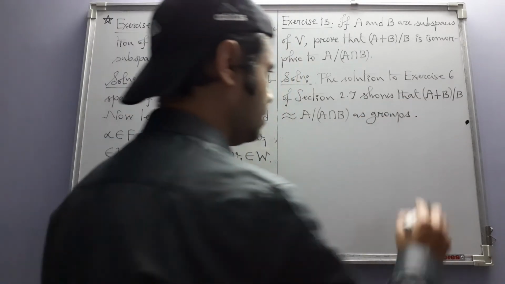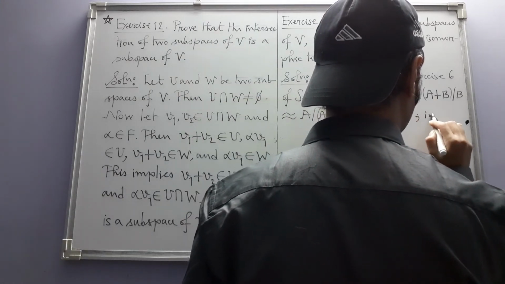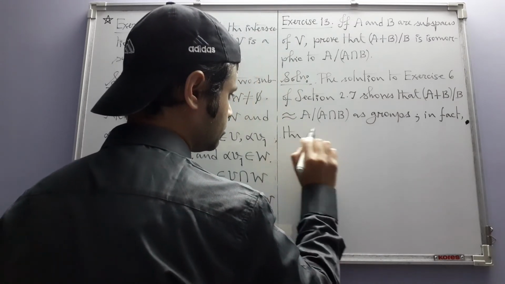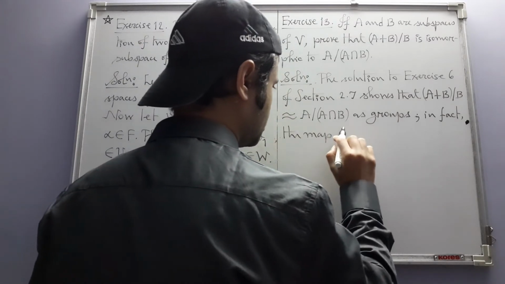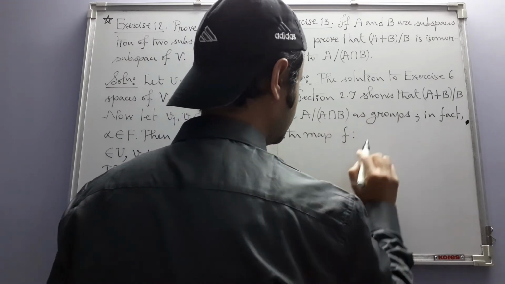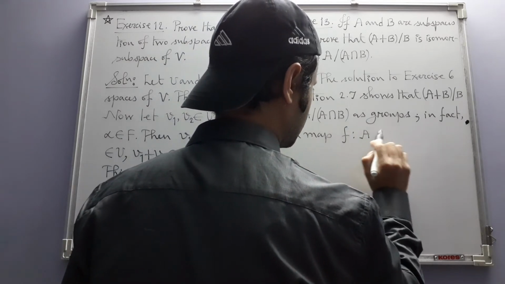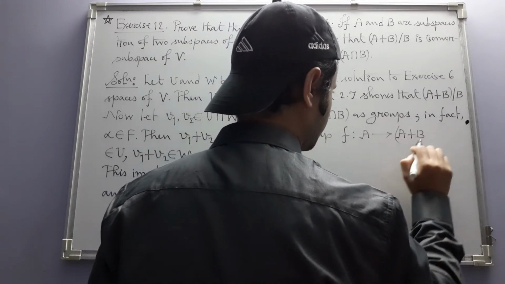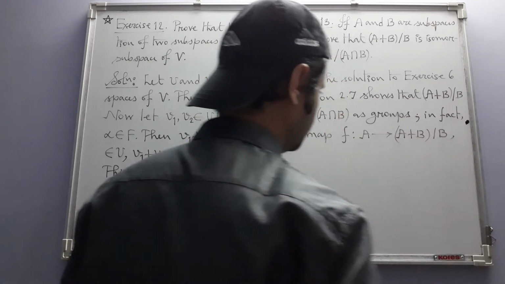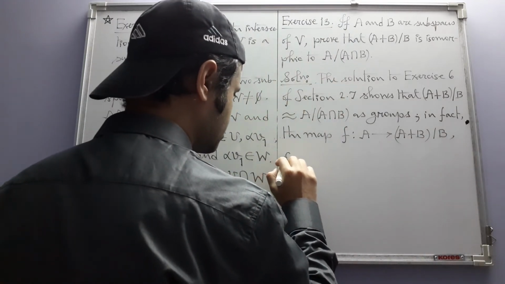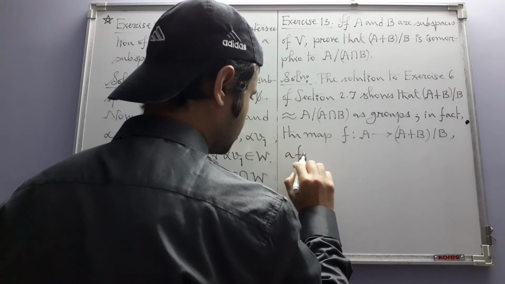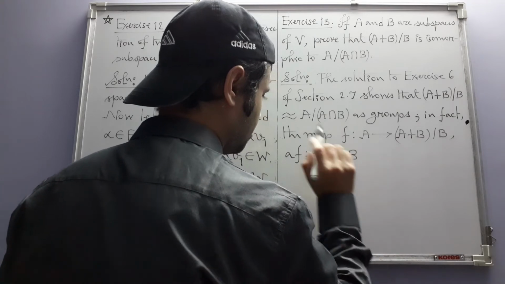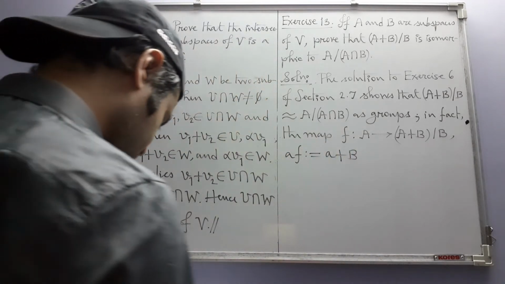Okay, and in fact the map F, which maps A into (A + B)/B and which is defined like this, aF = a + B, I think this is the map.